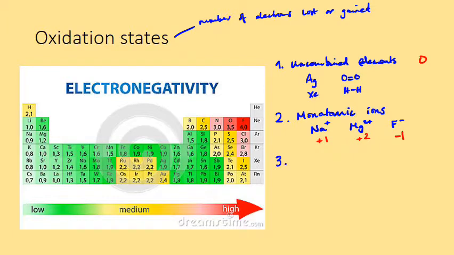Let's move on now to neutral compounds. So let's use methane as an example. So methane, you know, is carbon with 4 hydrogens. And here's where we need to refer to the electronegativity chart.